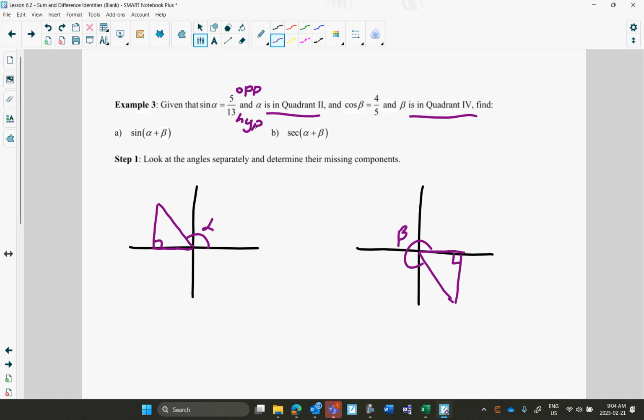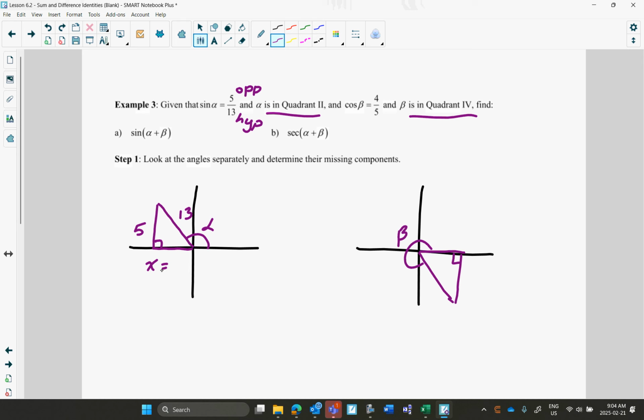Which tells us that our hypotenuse must be 13. And our opposite, remember it's opposite to this angle coming out from the origin, is 5. So I have to find x, that's the x length, and I have to use Pythagoras.